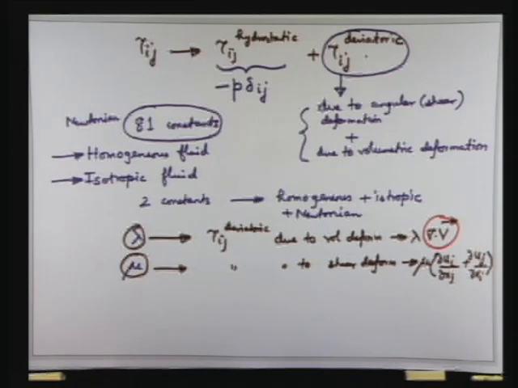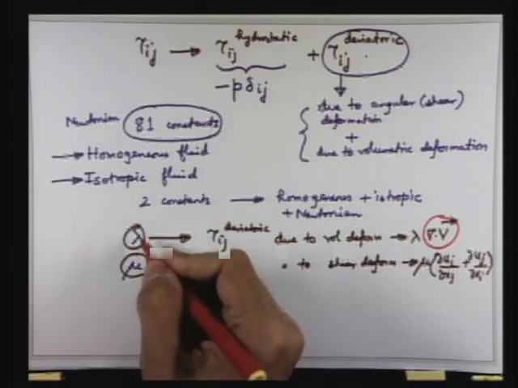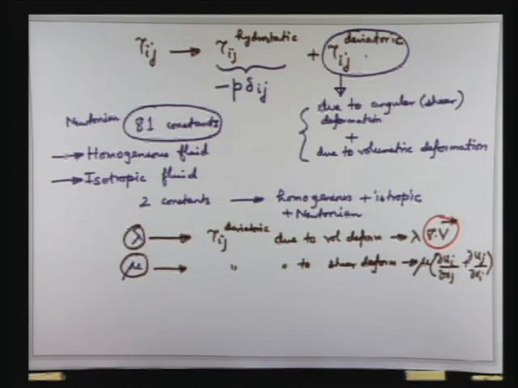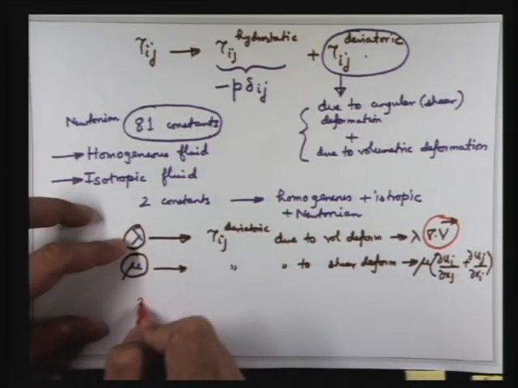I do not mind what the value of lambda is, because lambda into divergence of velocity will be 0 if divergence of velocity is 0. So for incompressible flow we don't care about lambda. For compressible flow there will be a relationship between lambda and mu, and that relationship was postulated by Stokes.